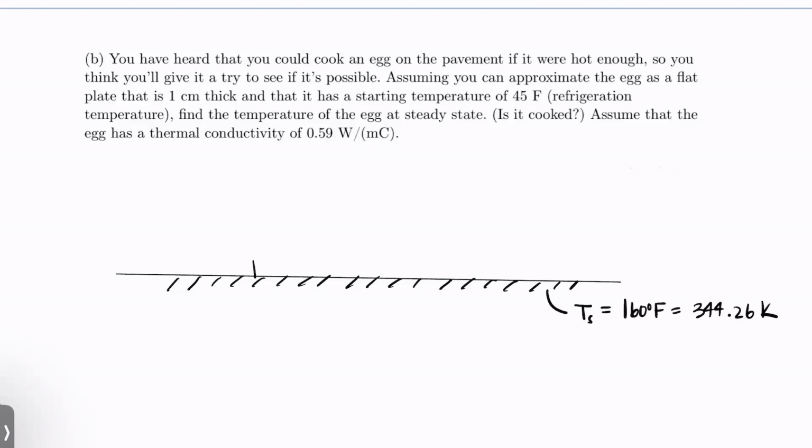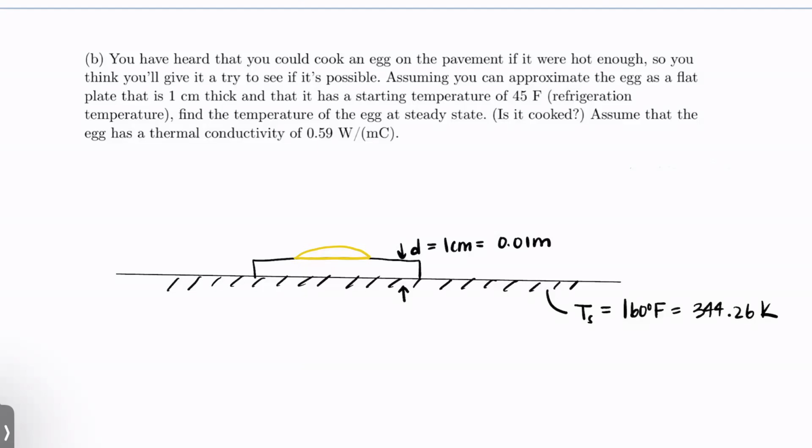And then here's our egg. It has a thickness of lowercase d, which is 1 centimeter or 0.01 meters. 1 centimeter is kind of thick, but that's okay.